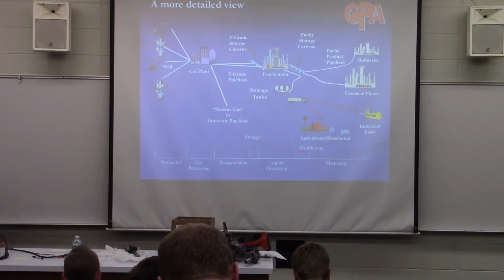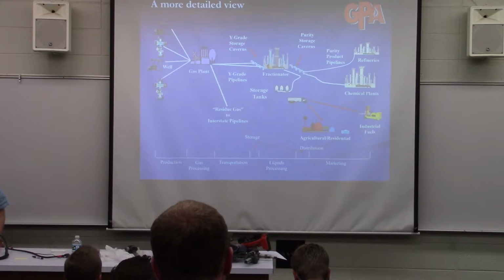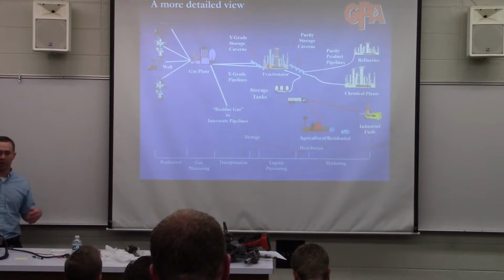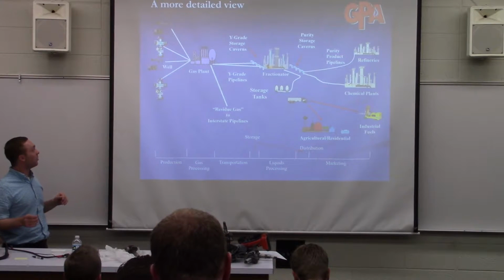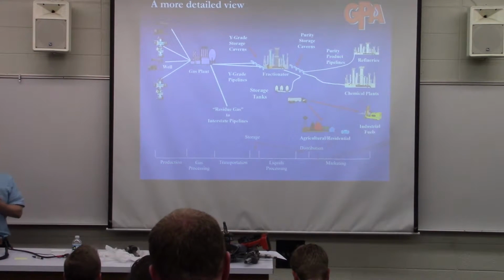So here's a little bit bigger view of that. You have the wellhead, and this was a slide I took from a GPA presentation that they put together for people to come to colleges and solicit scholarship applications. I would say that they're missing some stuff too. You don't usually go straight from the well to the gas plant. Usually there's some field compression and field dehydration.